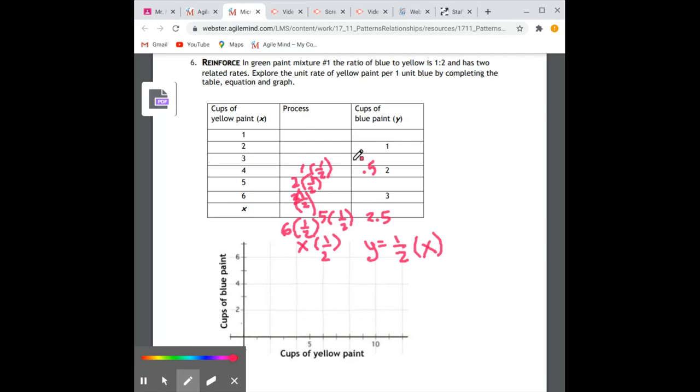The first one was 1 to 0.5, right? If this is 1, where would 0.5 be? Would it be all the way to 1, or halfway between 1 and 0? Halfway.